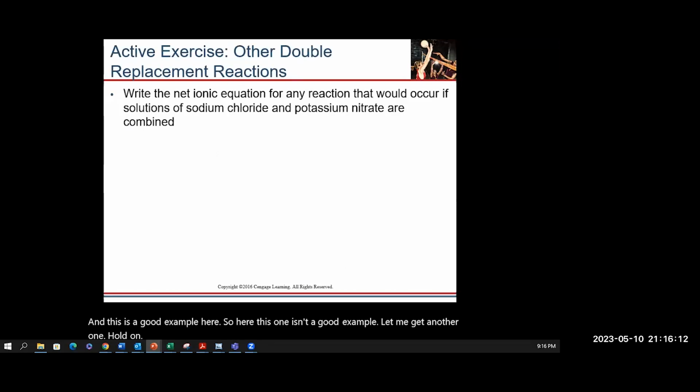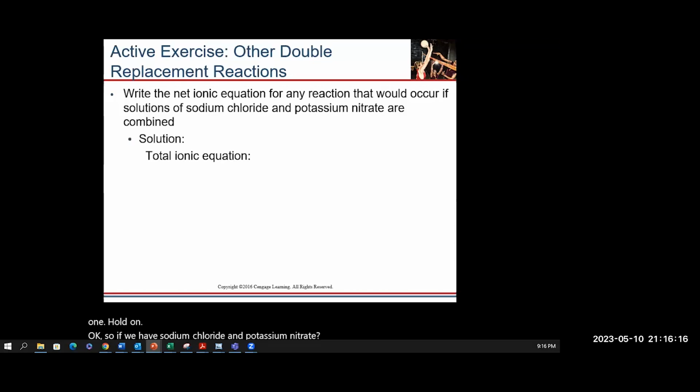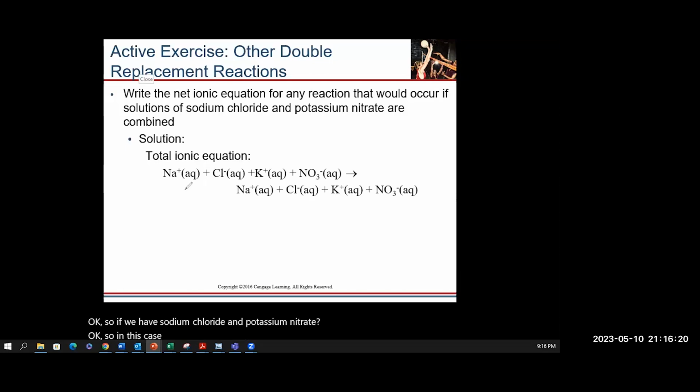Okay, so if we have sodium chloride and potassium nitrate, in this case, if we separate both into their ionic forms, we have sodium ion, we have chloride ion, we have potassium ion, we have nitrate ion, right? The problem is that nothing forms a precipitate.